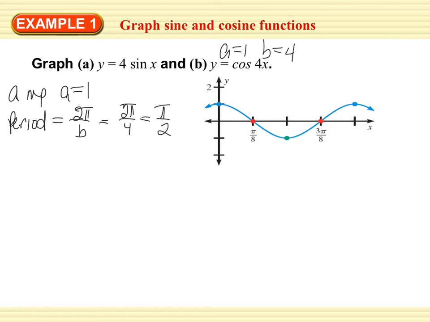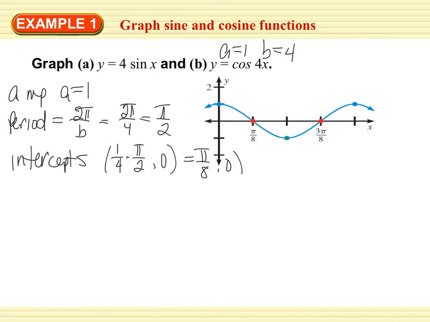And now I need my intercepts. Here I have 2 intercepts where it crosses the x-axis. For cosine, it's 1/4 of the way through. So 1/4 of the way times my period, comma 0, which is pi over 8, comma 0. That's one of them.